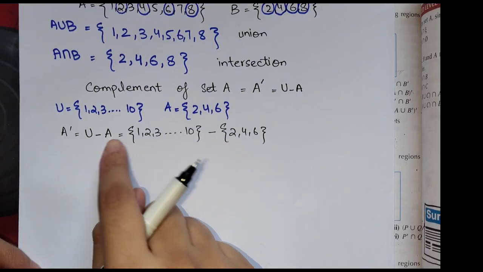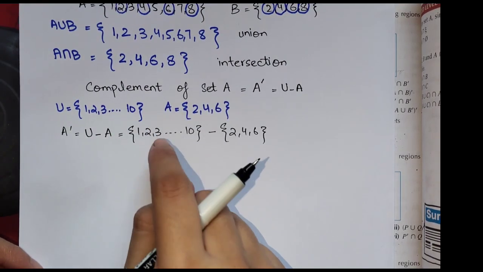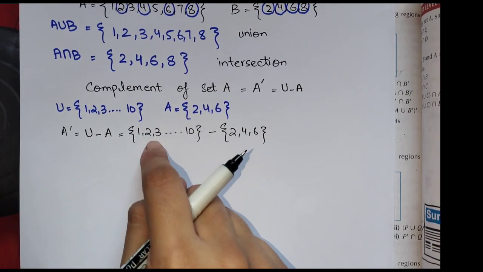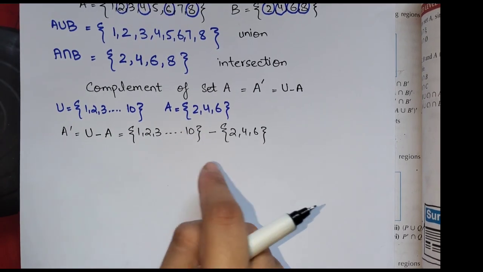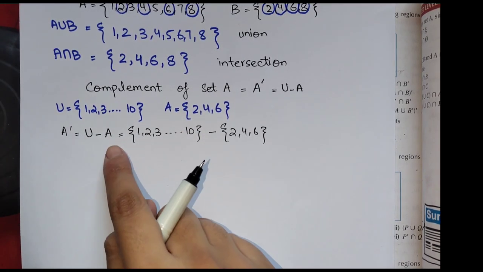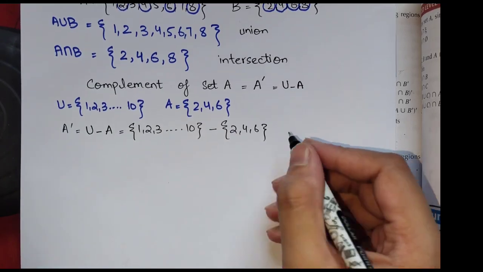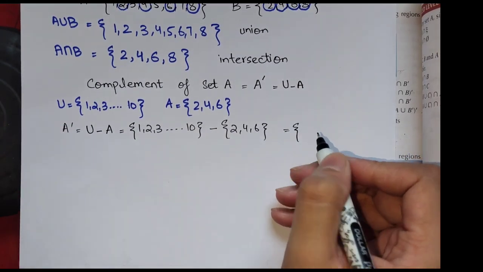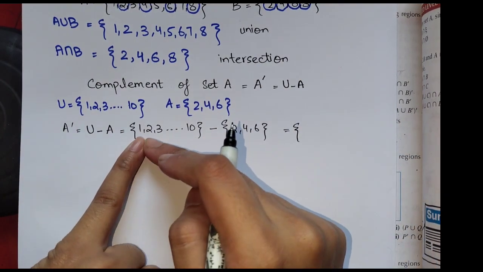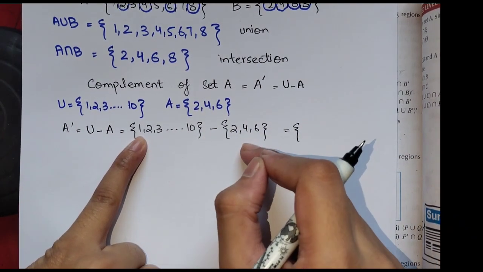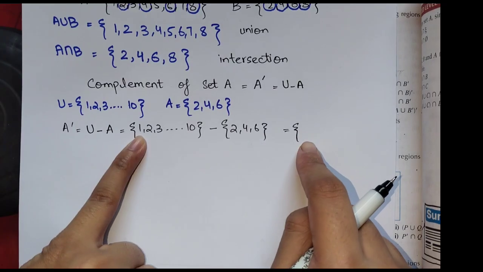This is the written form, and I have put the respective sets in this form. Universal set is this set, then the minus sign, then the set A. Now you have to subtract both these sets. How can we subtract? The element which is present in this set but not present in this set, you have to write in this set.